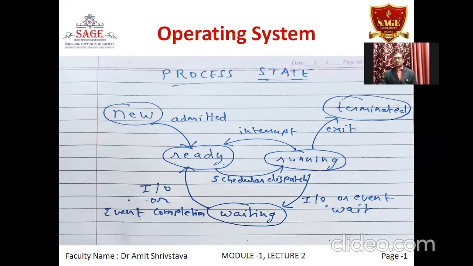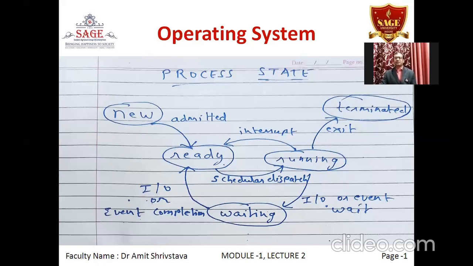Now, there may be more than one process waiting in the new state to get admitted into the RAM. So the scheduler which chooses the process from the new state and brings it into the ready state is known as the long-term scheduler. As the name suggests, the long-term scheduler is invoked after a long time. What do we mean by long time?